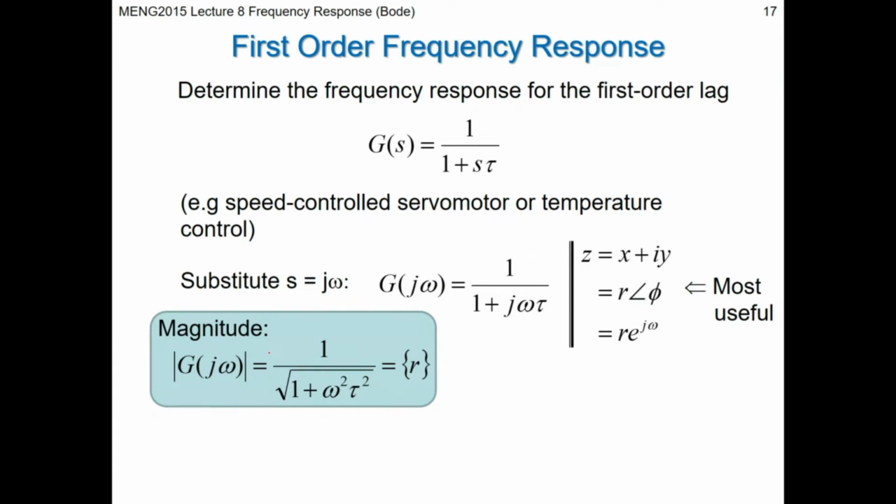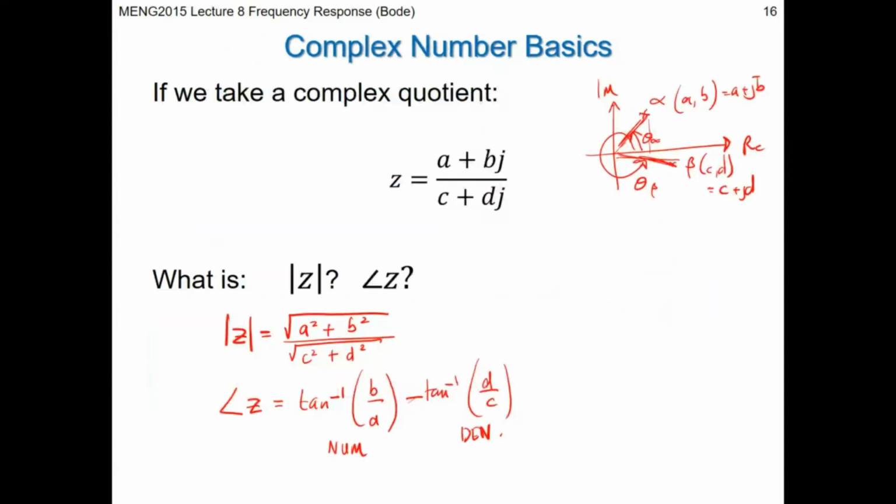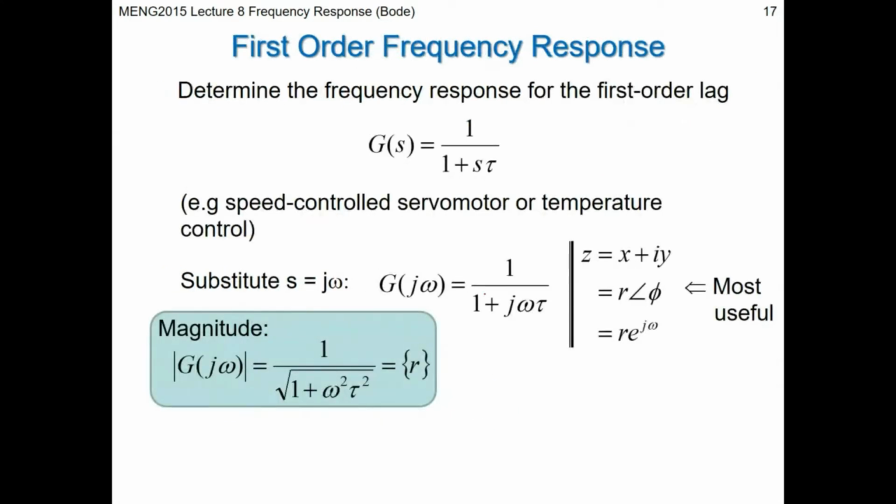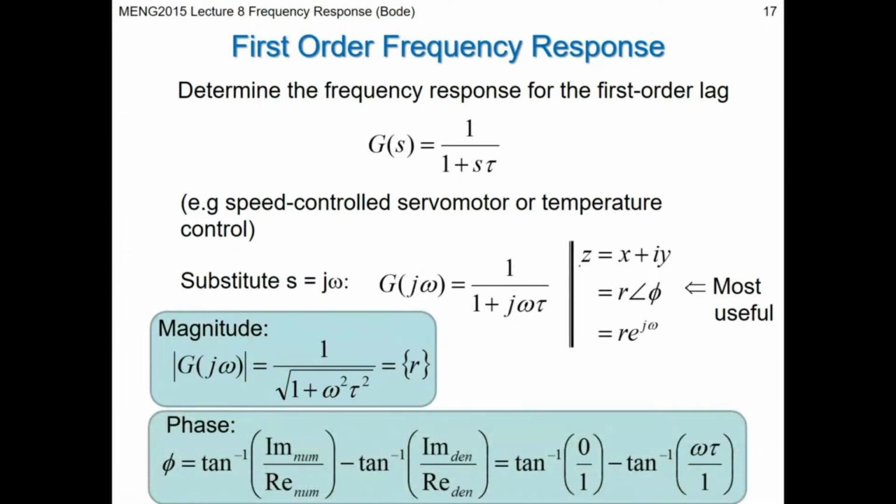So what's the magnitude of this complex number here? Well, based on what we just did, the magnitude is the magnitude of the numerator over the magnitude of the denominator. The magnitude of the numerator is 1. The magnitude of the denominator is the square root of 1 plus omega squared tau squared. That's our magnitude R. What about our argument or our phase?